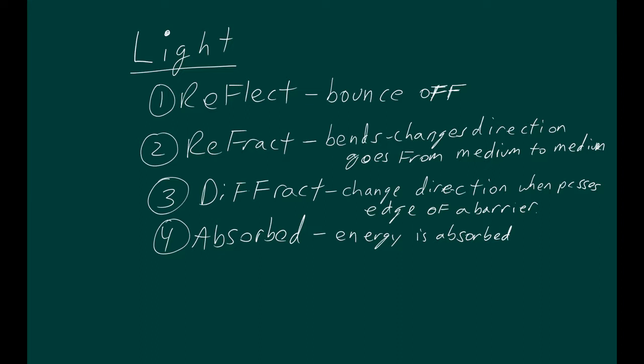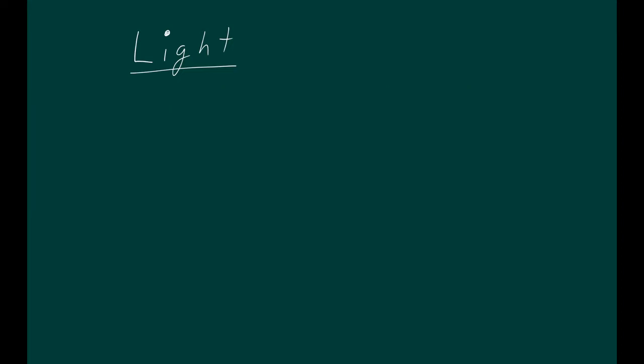And in fact, in some cases, the object will actually get hot, depending on the type of light that it is. And light being energy, being a wave, we can have the light be absorbed by the object. So light can interact in these four ways: reflect, refract, diffract, and absorbed.